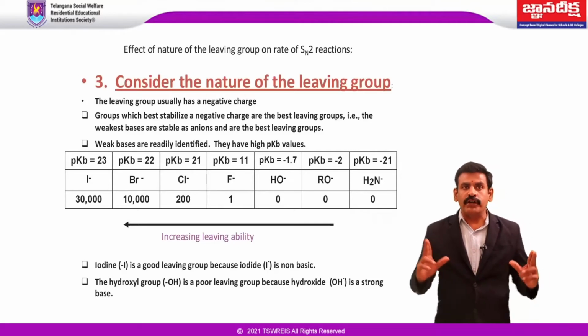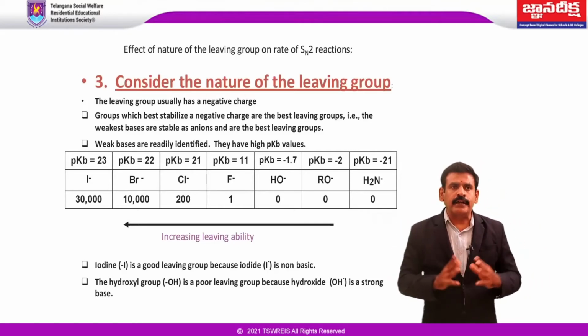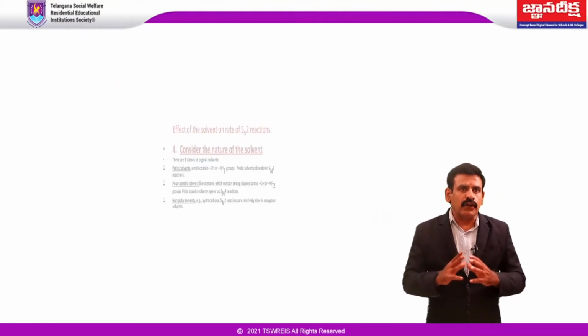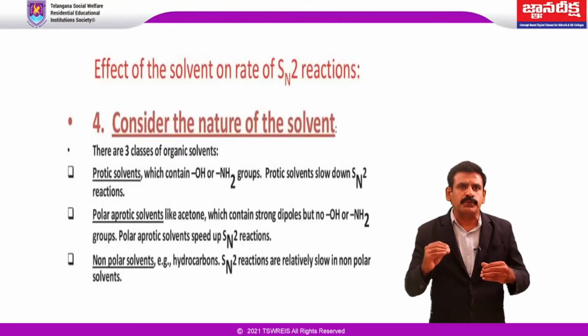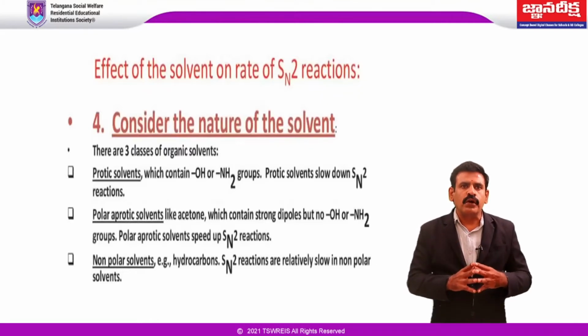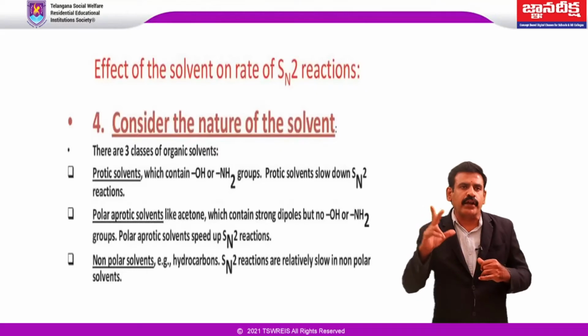Then the effect of the solvent on the rate of SN2 reactions. See, the fourth one, consider the nature of the solvent. Here there are three clear classes of organic solvents. We have protic polar solvents, which contain hydroxide or NH2 groups. Protic solvents slow down the SN2 reactions.